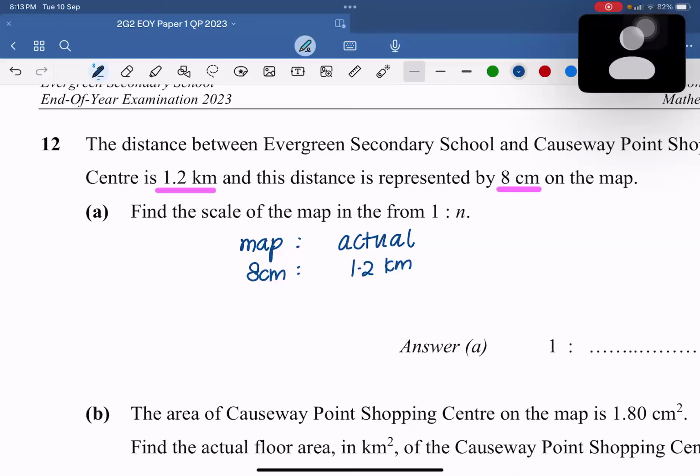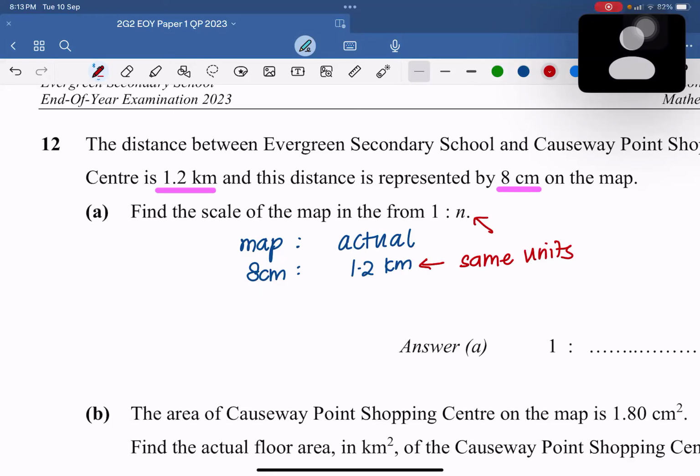So in the form 1:n, when I have 1:n, what does this tell me? It means number one, we must make them the same units. When you want to convert 1:n, must have the same units, and we drop off the units at the end. Change to cm.